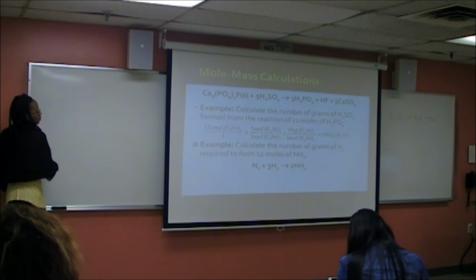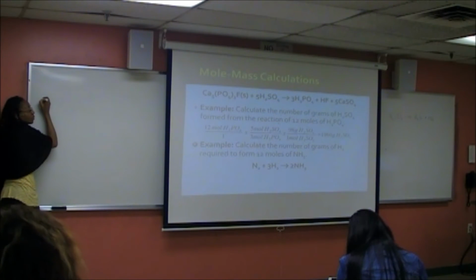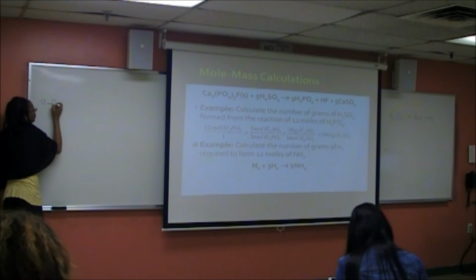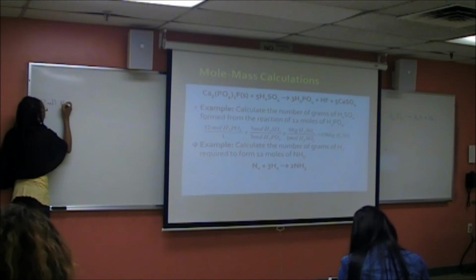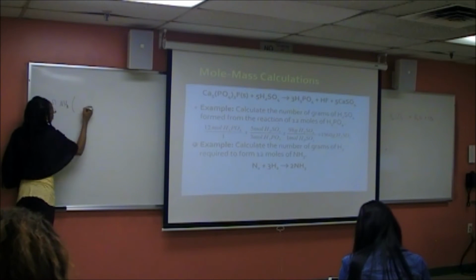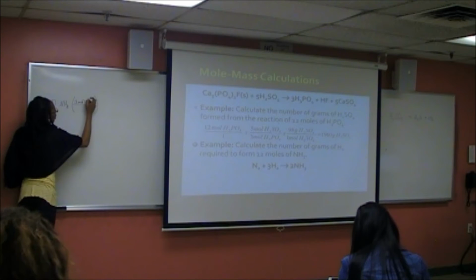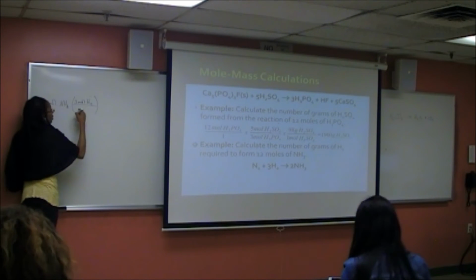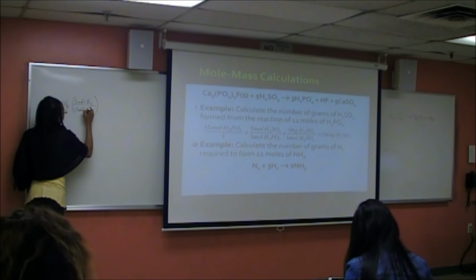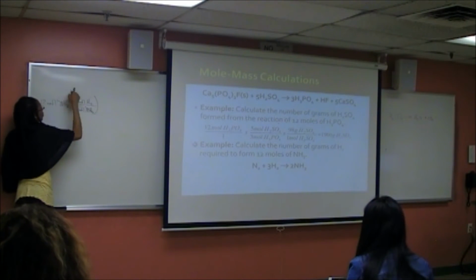Alright, so where do we start? What goes on that side? 12 moles of ammonia. Three moles hydrogen gas. Cancel out ammonia, multiply across, divide by the bottom.